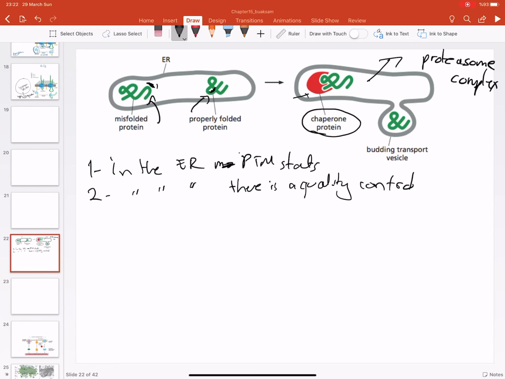Yes, it looks like a waste of material, but keeping the quality high is of utmost importance. So if a protein is misfolded, even slightly misfolded, just get rid of it, because these misfolded proteins can be very dangerous in the future.